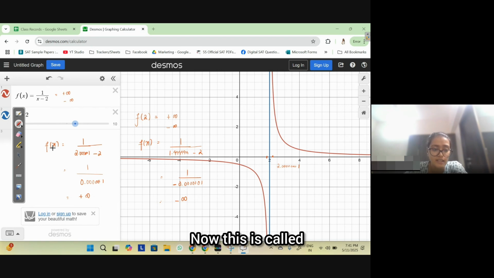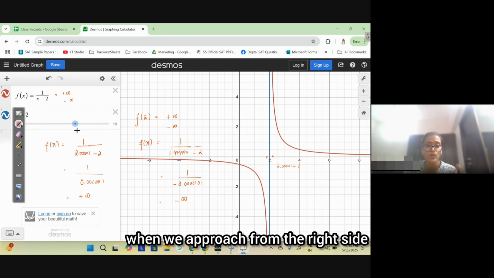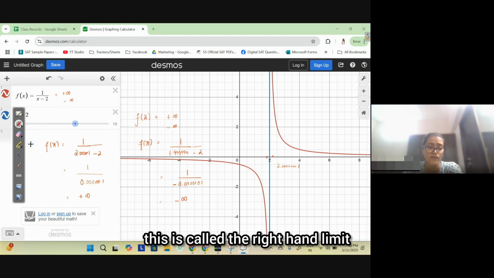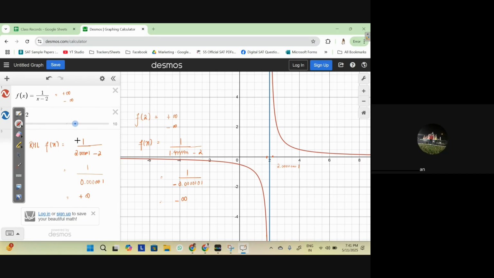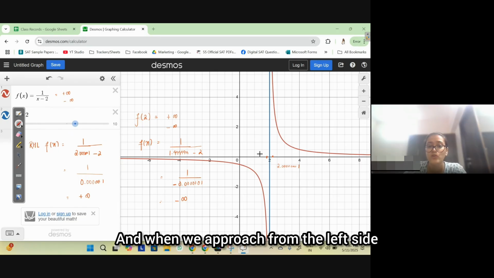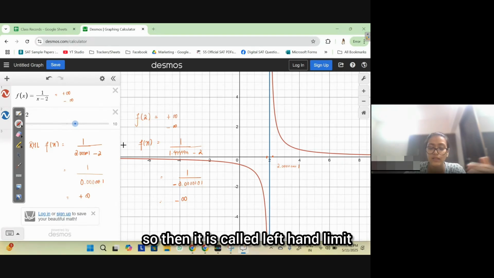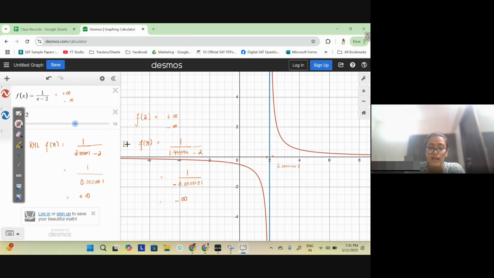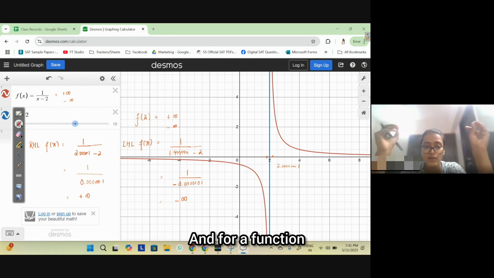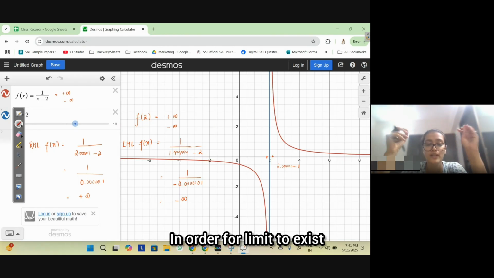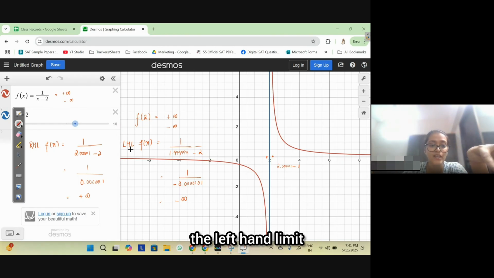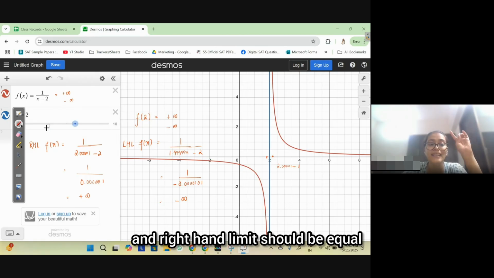Now, when we approach from the right side, this is called the right hand limit, and we call it RHL. And when we approach from the left side, it is called the left hand limit, LHL. And for a function, in order for the limit to exist, the left hand limit and right hand limit should be equal.